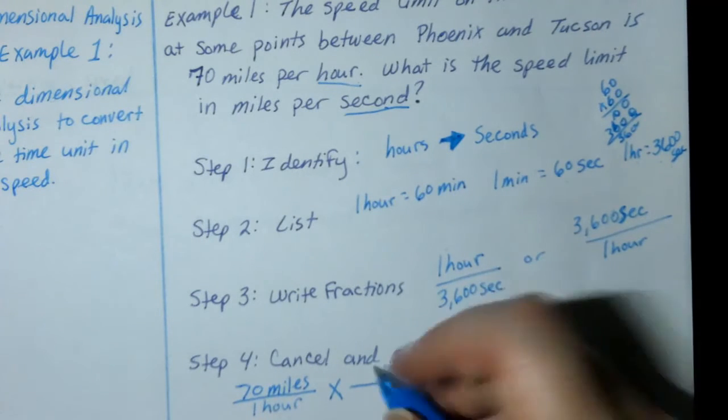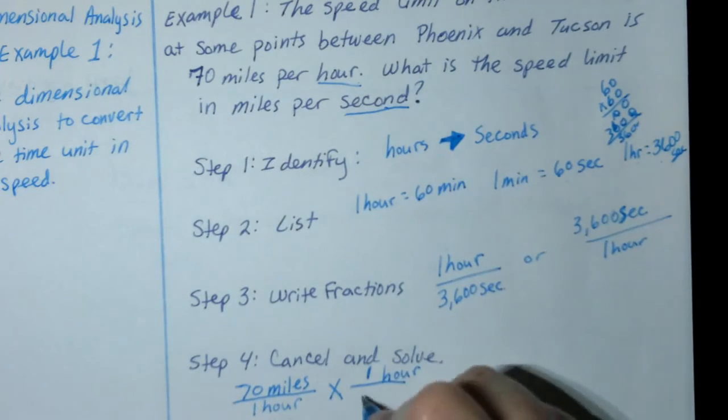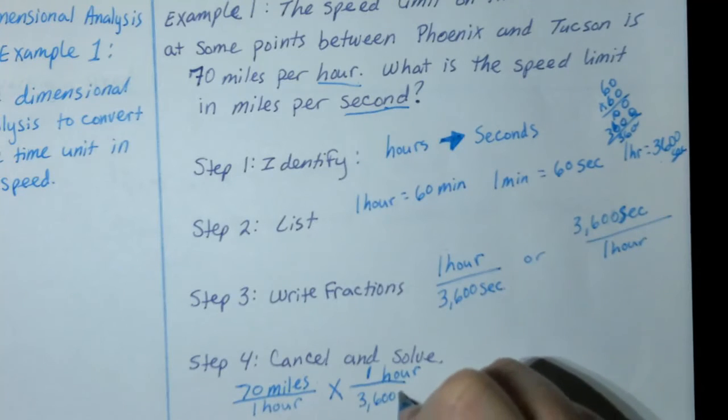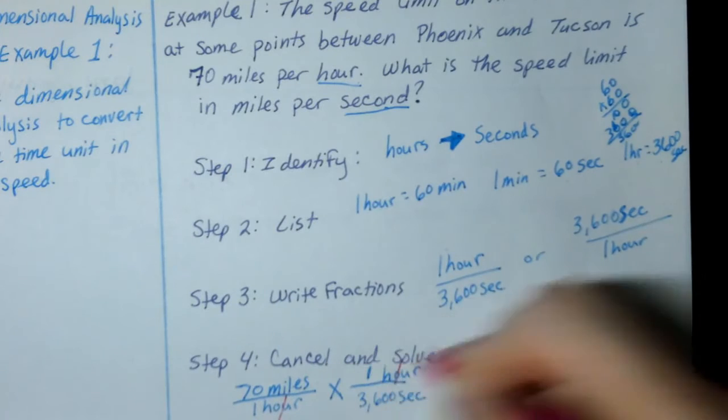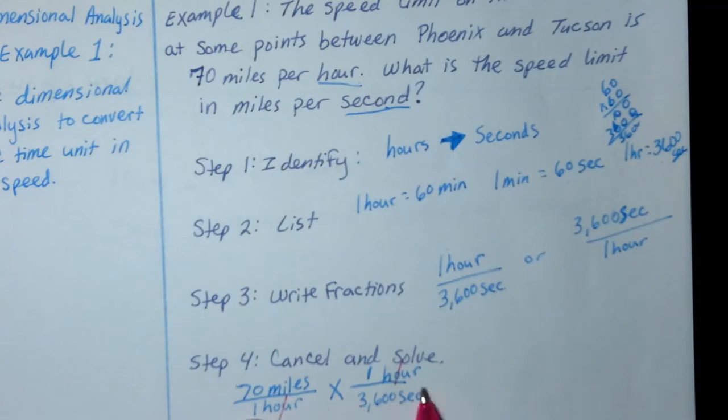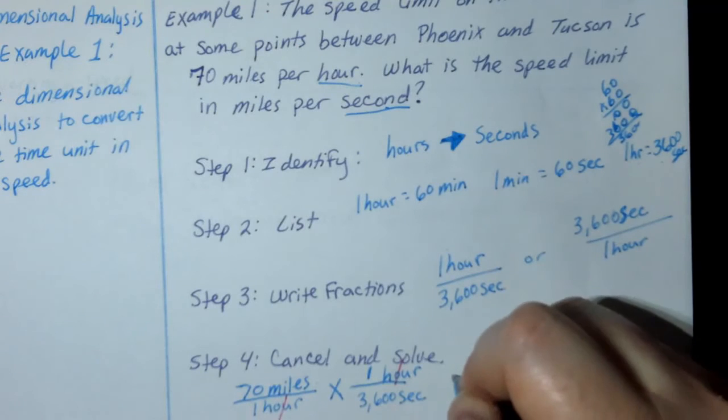It's going to be this one, 1 hour over 3,600 seconds. Now I can cancel out hours. So I haven't even finished the problem yet, but I already know my units are going to be left with miles per second. So I know I'm on the right track. As long as I do the math correctly, I've already solved it. I'm already good to go.